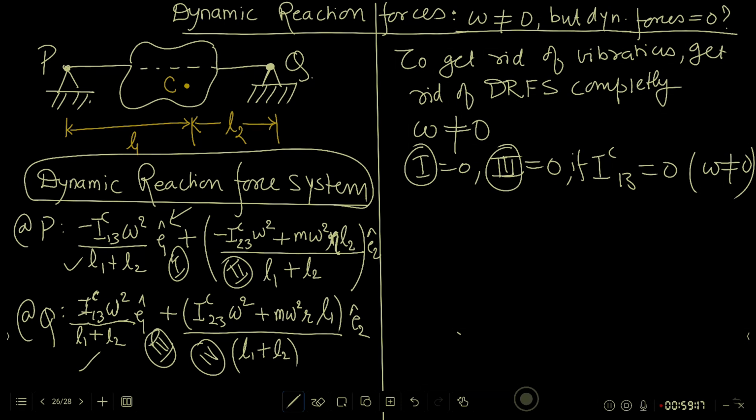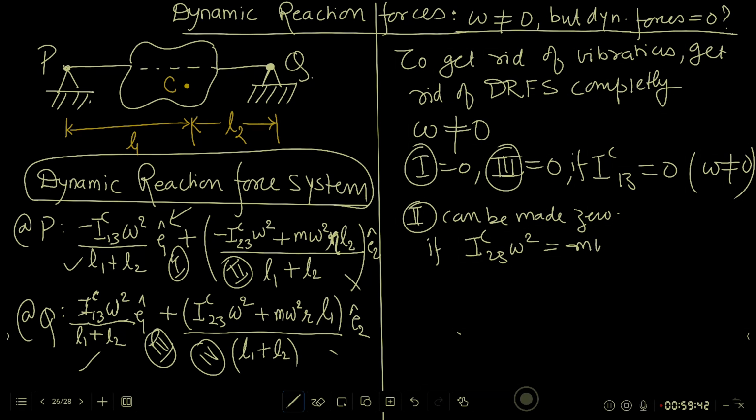Now it may appear to you that I can kill IC23, I can kill 2. 2 can be made 0 if IC23 omega square becomes equal to minus m omega square R times L2.